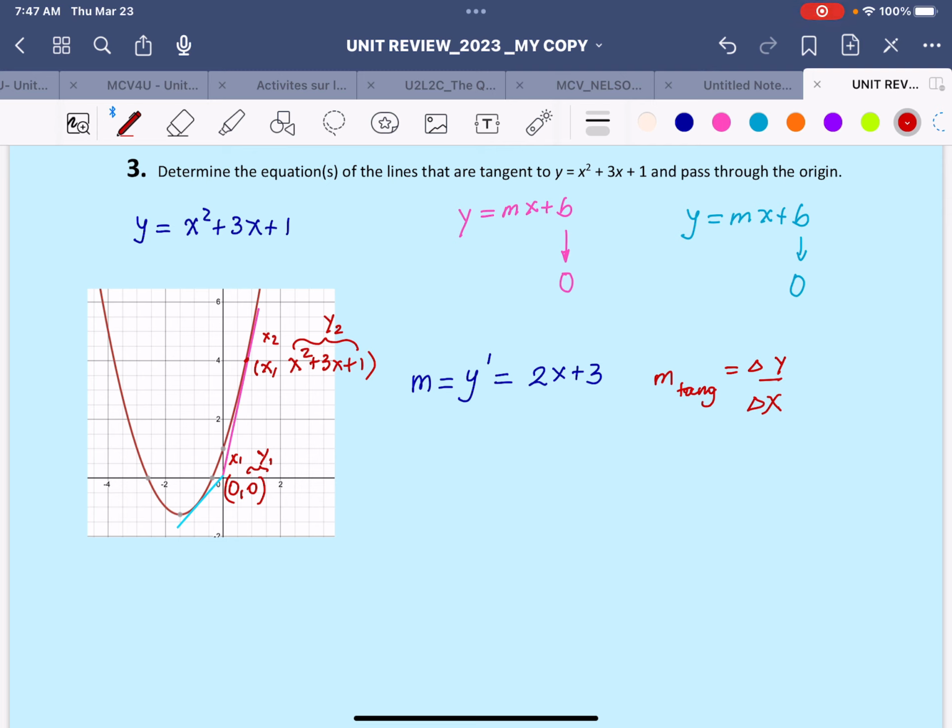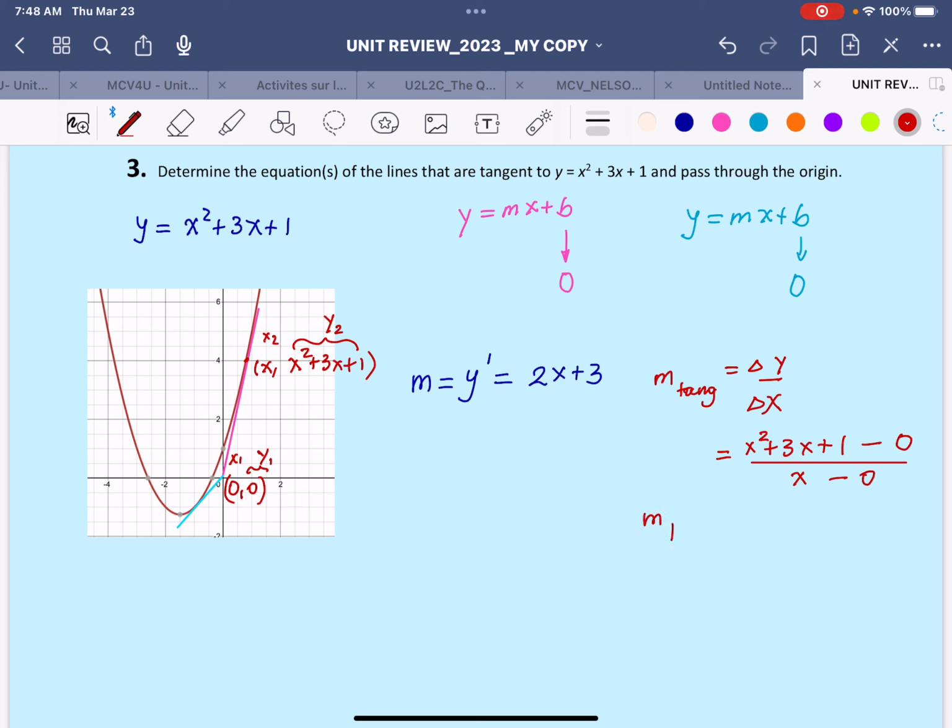So by using the formula x2 minus x1, y2 minus y1, we can figure out the ratio delta y over delta x. So we'll have x squared plus 3x plus 1 minus y1, which is 0, divided by x2, which is simply x, minus x1, which is 0.